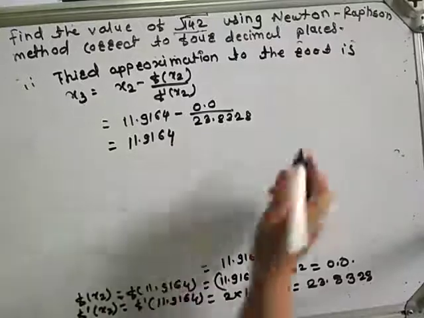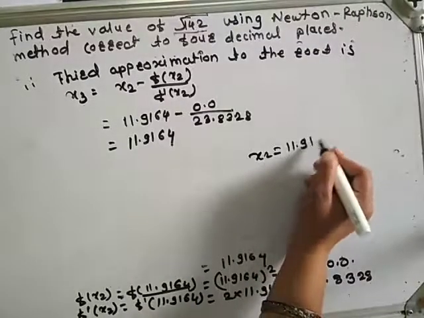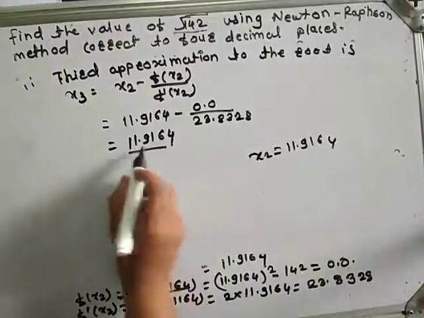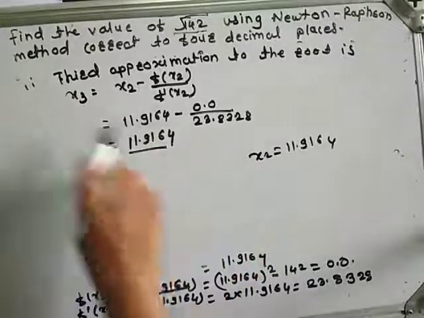Here observe that x2 is 11.9164 and x3 is 11.9164. That is, x3 and x2 are equal.